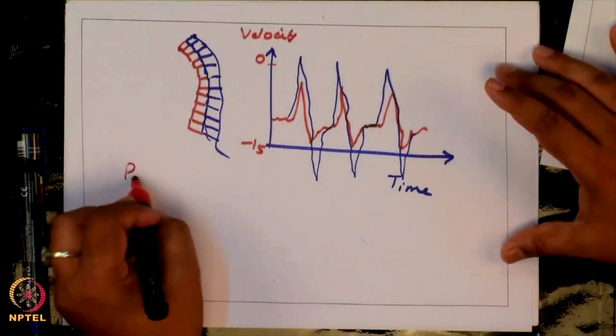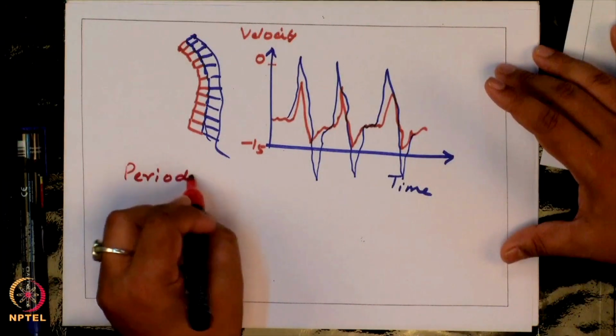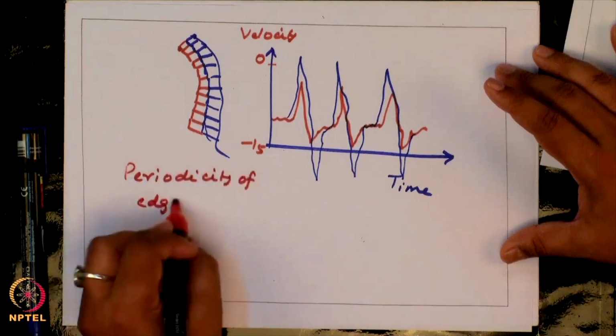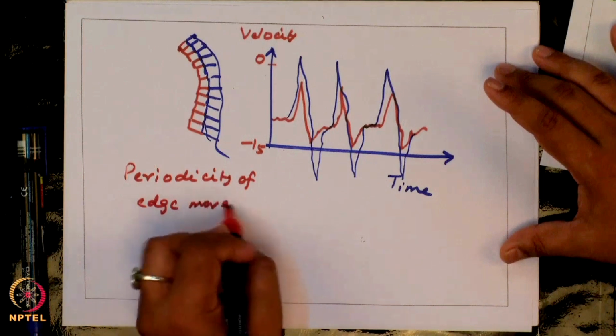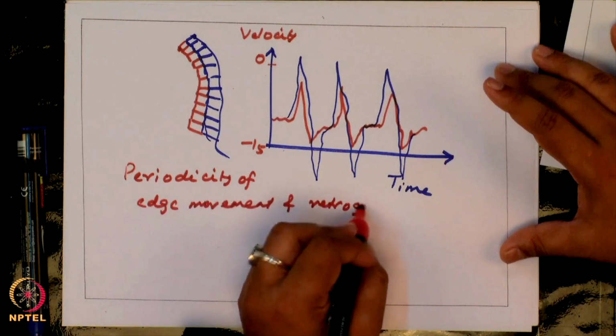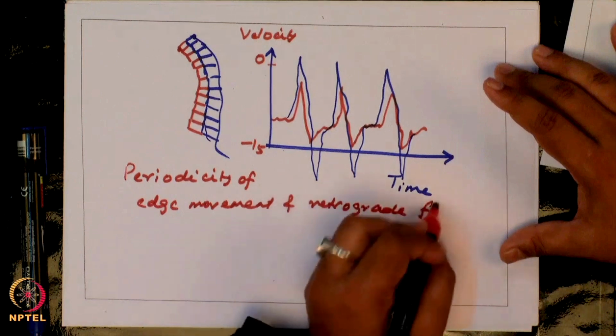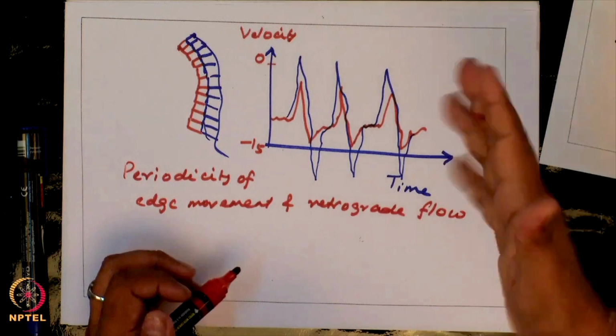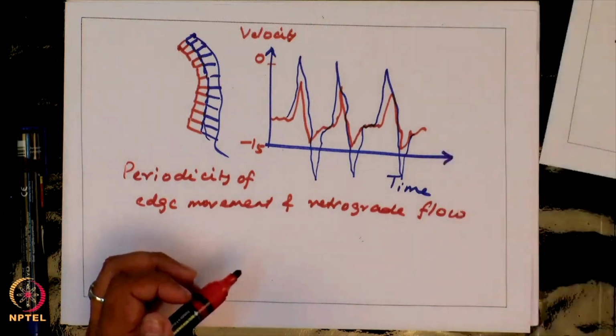So, there is a periodicity of edge movement and retrograde flow. In other words, whenever the edge moves back, the lamella also moves back.